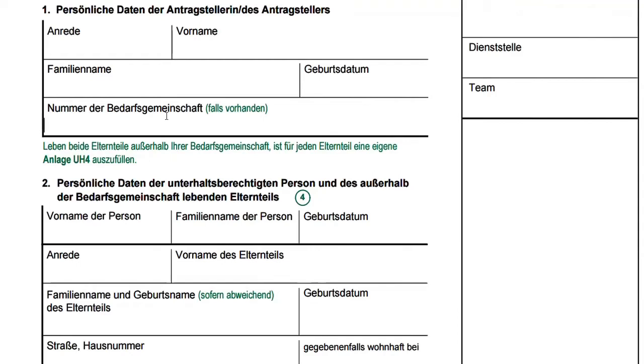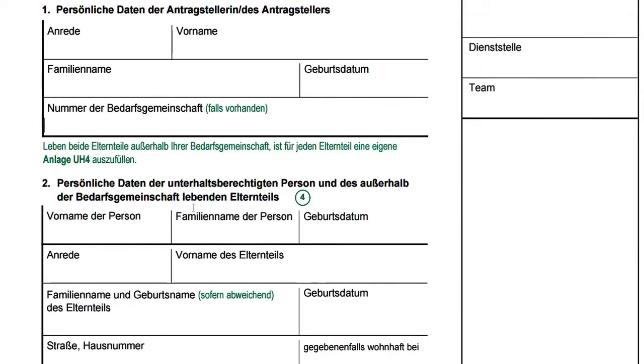If both of your parents are not living with you in the family, for each of them you have to fill in this form, UH4, once, separately. In part 2, you have to write the details about the person who has the right to get this maintenance or living expenses and his or her parent who is not living with him or her in the family together.